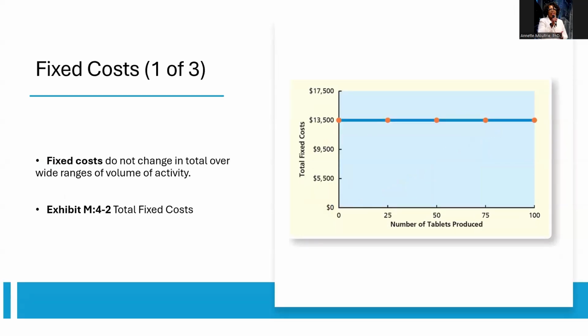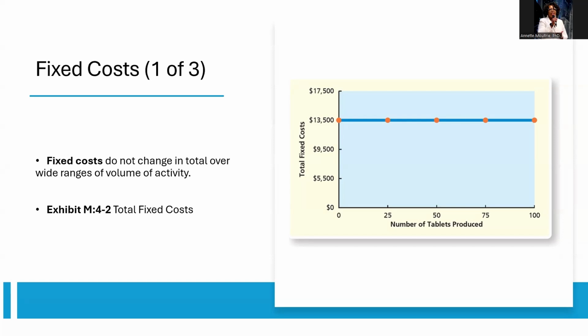So unlike variable costs, fixed costs remain constant in total over a broad range of activity levels. Some of the common examples include rent, salaries, property taxes, and depreciation. In Exhibit 4.2, it illustrates Smart Touch Learning's fixed costs for depreciation on its manufacturing plant and equipment.